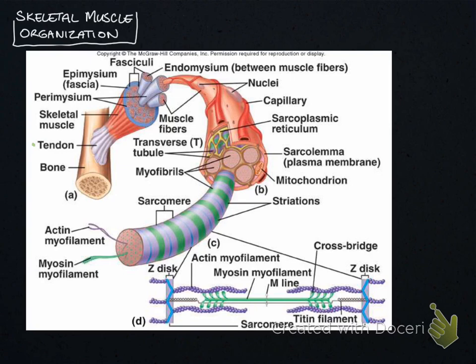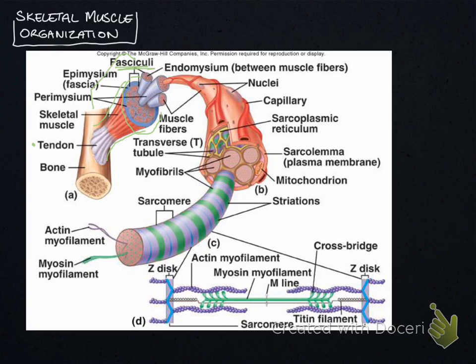Tendons attach muscle to bone, and an extension of the tendon surrounds the muscle here, and it's a bundle of these fasciculi or fascicles. So this whole thing right here is considered the muscle organ.